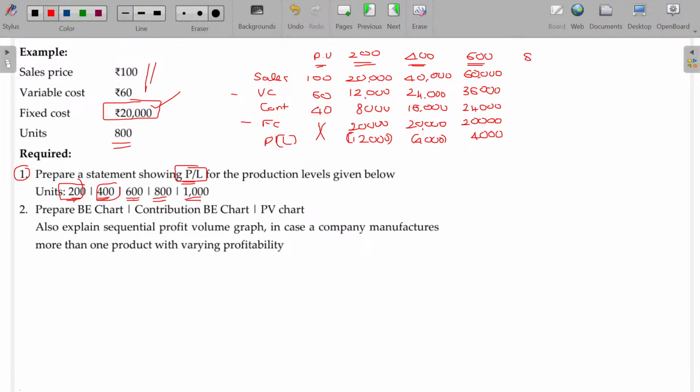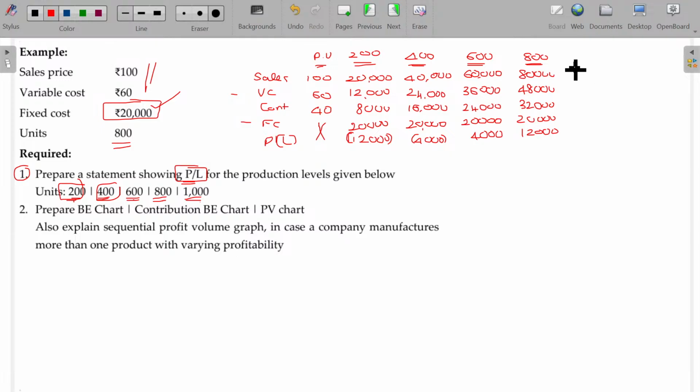What happens if you sell 800 units? 80,000, and variable cost being 48,000. Your contribution being 32,000. Fixed cost 20. 12,000 is your profit.